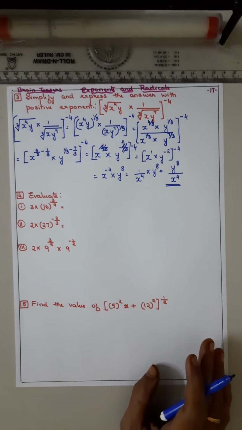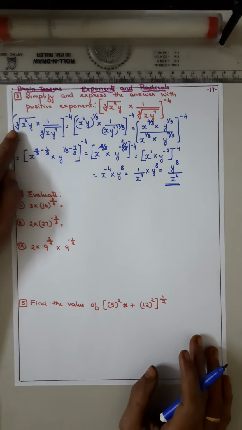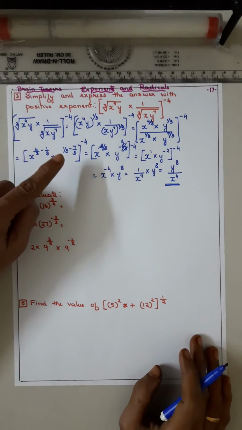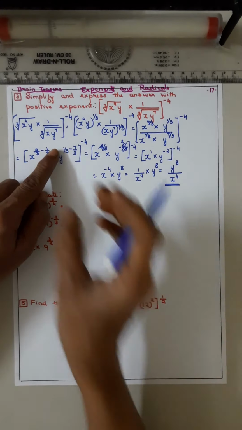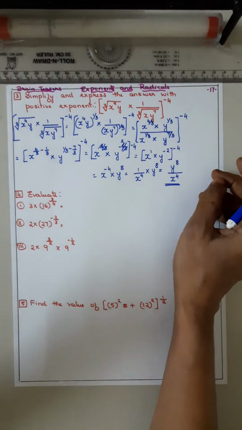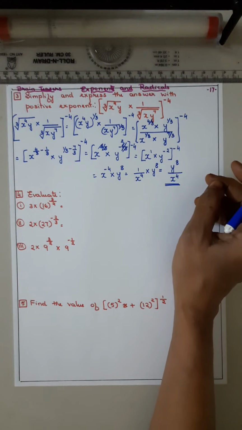Understood? So first this radical one you convert into the exponential form, then separate out x and y and then use the laws. Okay.